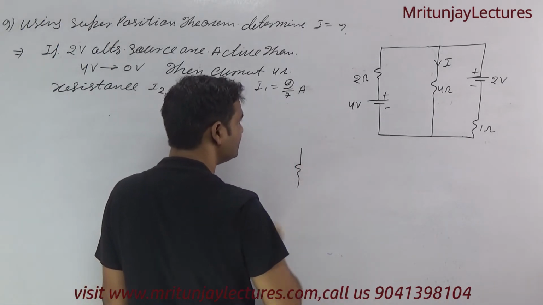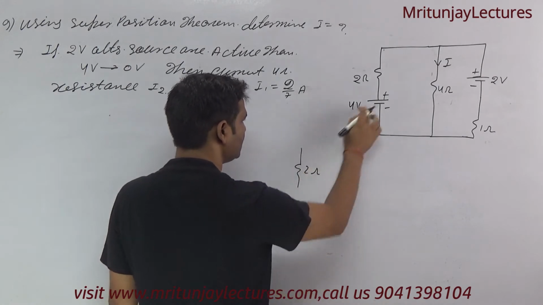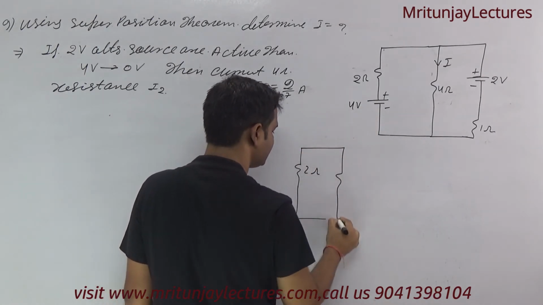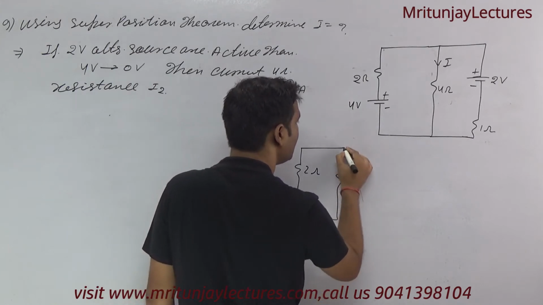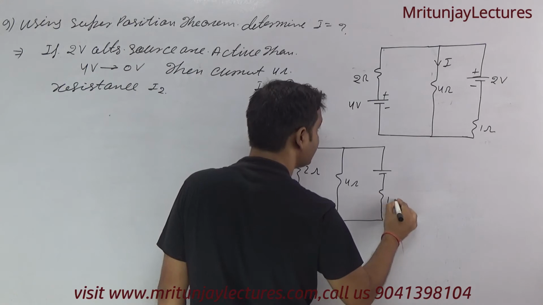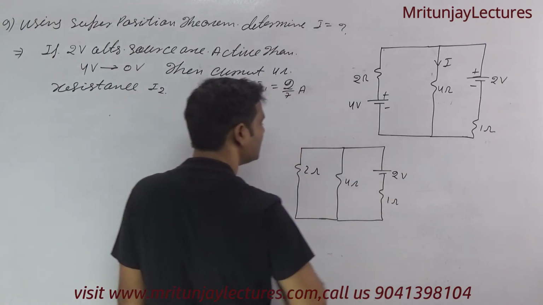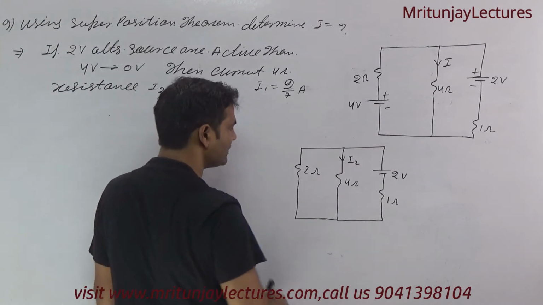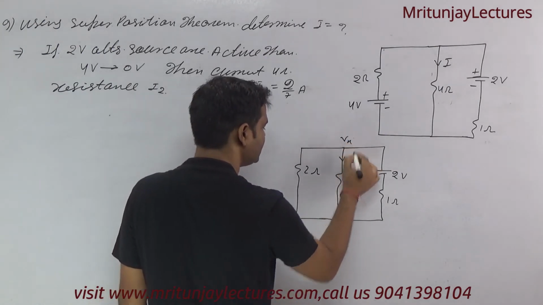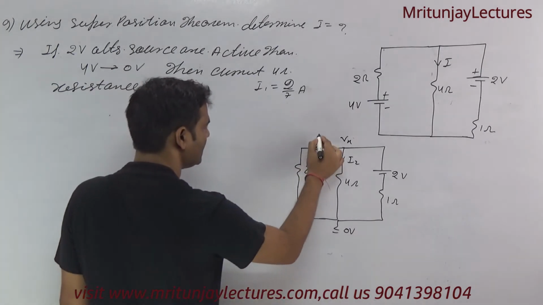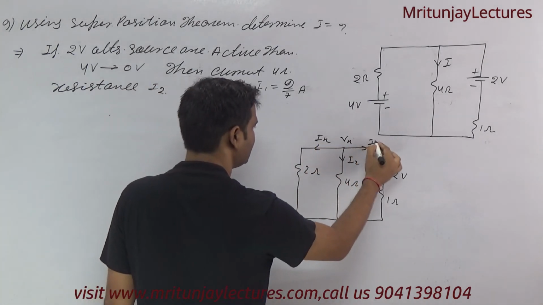That is 2 ohm, this one is 0, and this is 4 ohm, and this one is plus minus, and that is 1 ohm. That is 2 volt. What about current? I2. Again that is Vx. This one is 0 volt. Now Ix, here Iy we have considered.